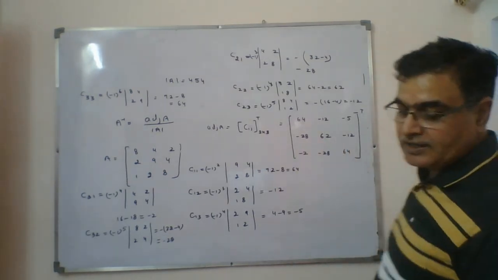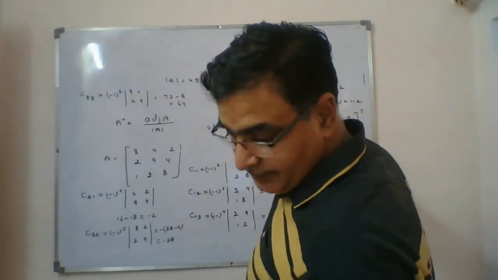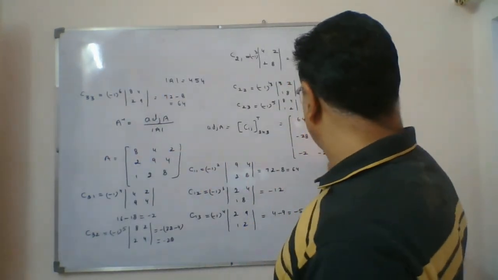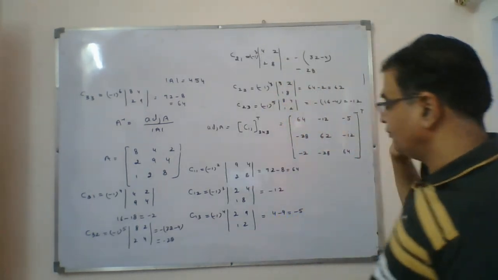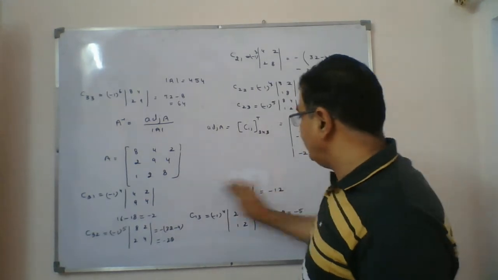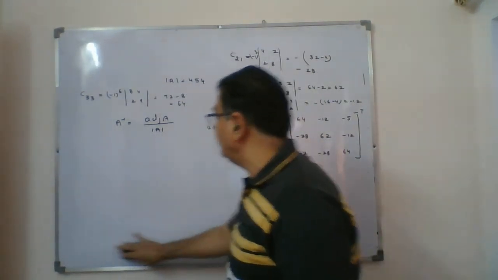And then we'll take the transpose. So we'll check it: 64, minus 12, minus 5; minus 28, 62, minus 12; minus 2, minus 28 and 64. Right, so this is clear. The adjoint is complete.